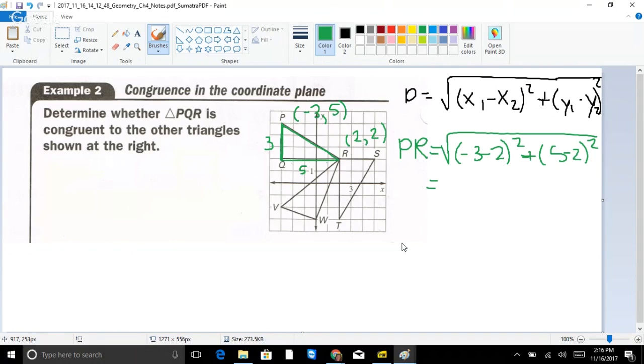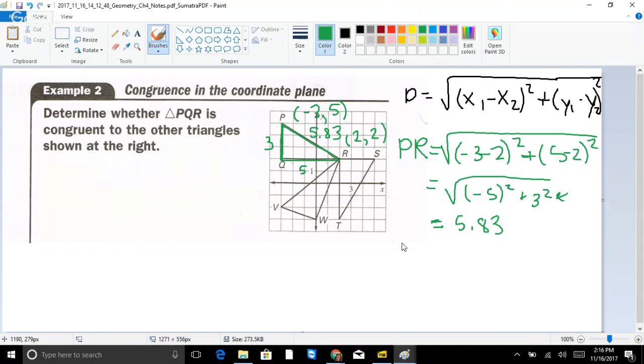So -3 minus 2 is -5 squared, 5 minus 2 is 3 squared. And if you do the math on this, you get about 5.83. So the distance is 5.83. You can use a calculator for this, and you can simplify it even more.